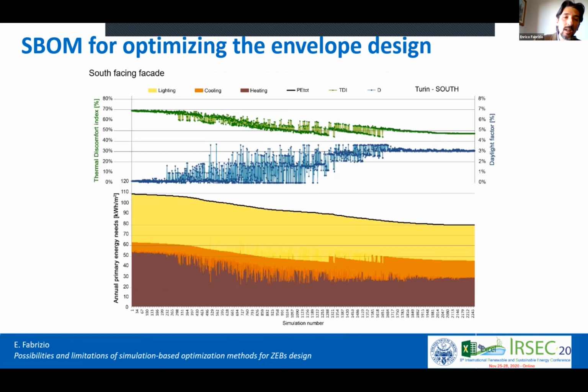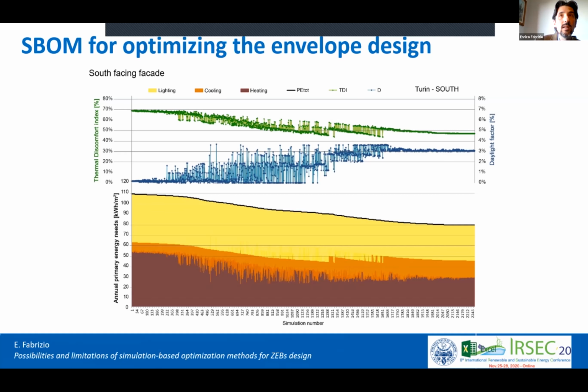On the bottom, you have the annual primary energy needs considering lighting, cooling, and heating, the summation of lighting, cooling, and heating, ordered from the largest to the lowest, from 110 to 80 kilowatt hour per square meter per year. The number of different design solutions is 2,400, because this is the number of unique solutions.